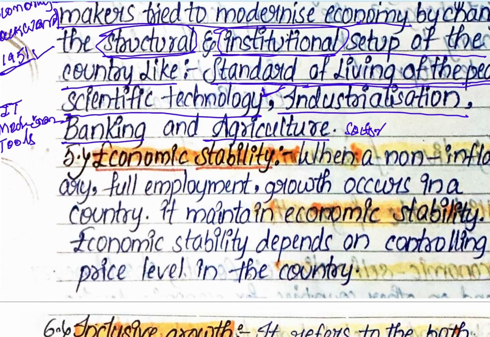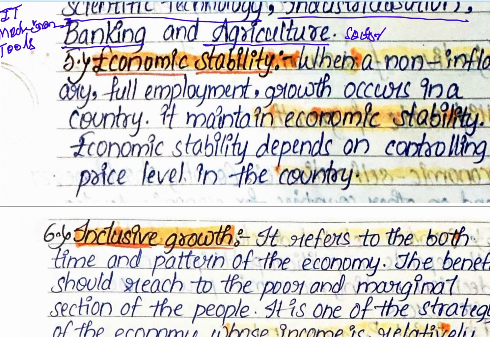And fifth important objective of economic development: economic stability. Stability means stable development is very important, and that is called economic stability.